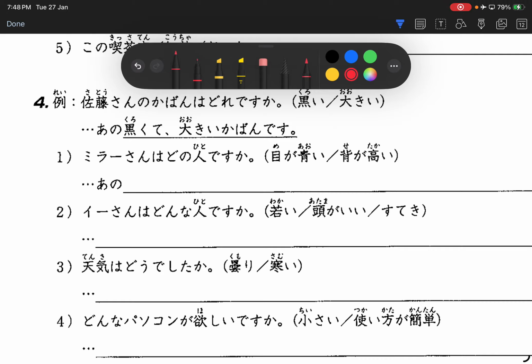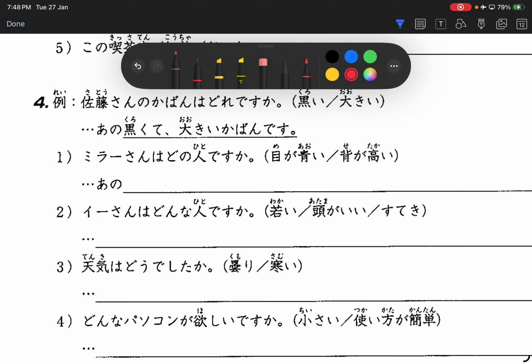Instead of describing the features separately, might as well say あの人は. So あの人は目が青くて背が高いです。But the answer is not wrong. It's just that it sounds very weird, like you're describing that eyes are blue, that height is tall, that person this. So we just put the あの人 at the start.